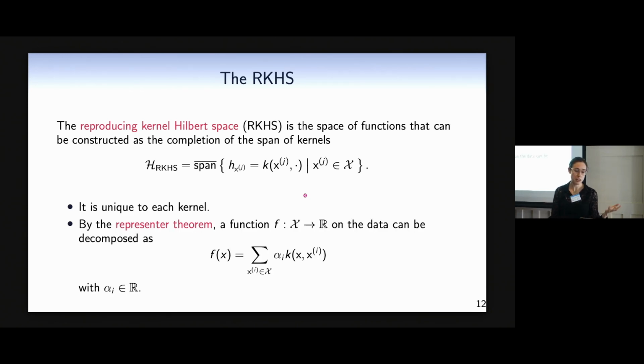And by the representer theorem, any function on your data can also be decomposed this way, which isn't necessarily surprising because the RKHS contains all linear combinations. So any function that lives there can also be written as a linear combination of the kernel function, where again, these alphas are just real coefficients because we're mapping to the real numbers.